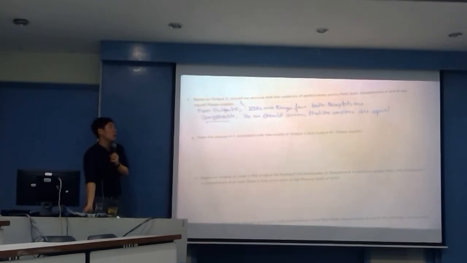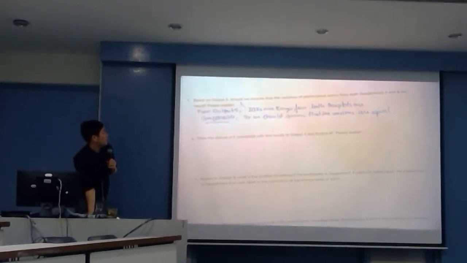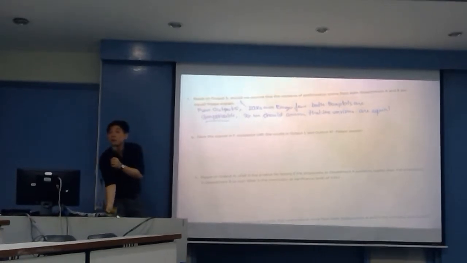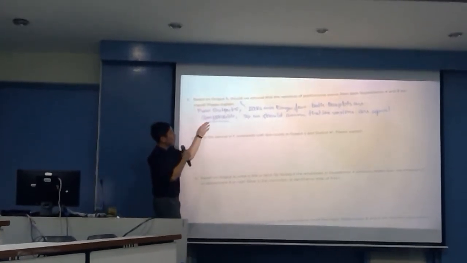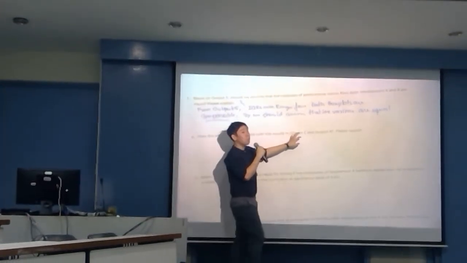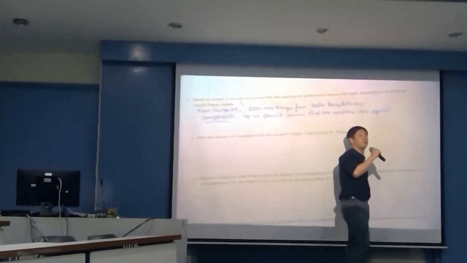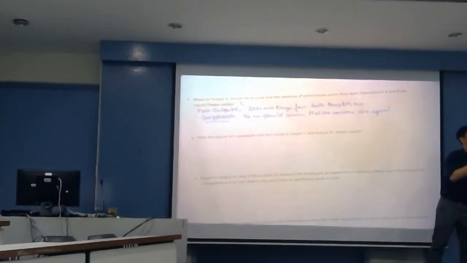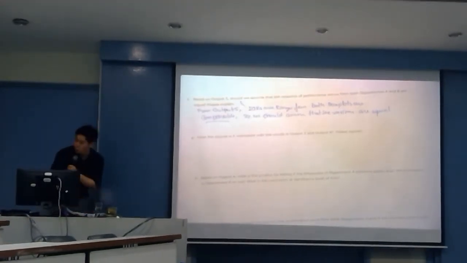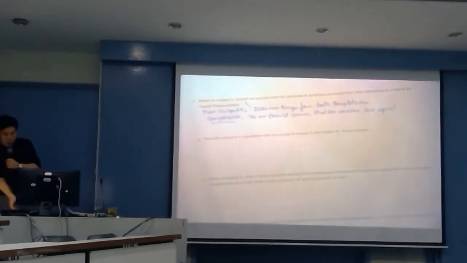Second one, the G. That's the answer in F. Right now, in F we say we can assume equal variance. Does this answer be consistent with the result in output 1 and output 4? So now it says, is your result from previous questions consistent with output 1 and output 4? We go back to output 1. Remember that now we're talking about equal variance or not.